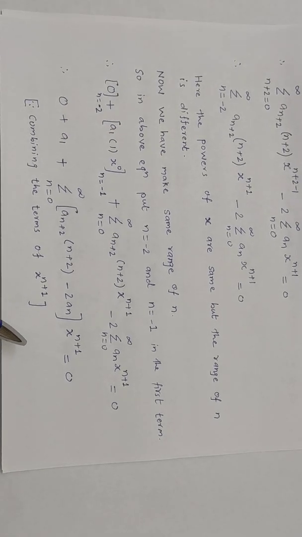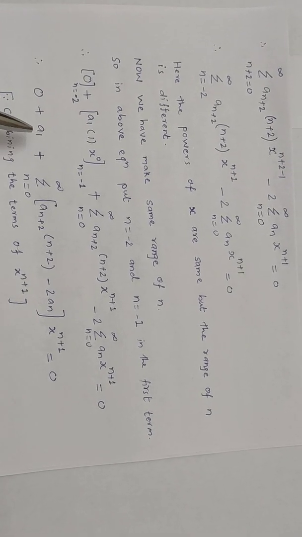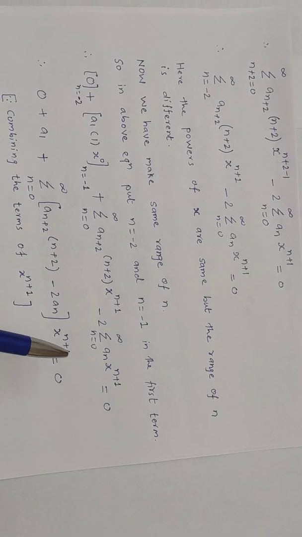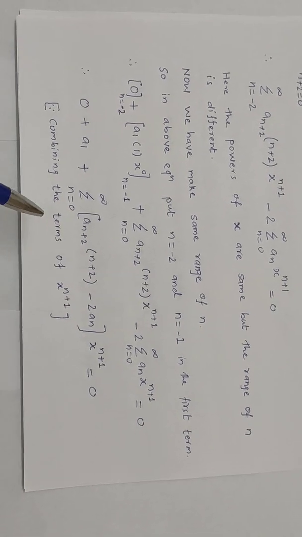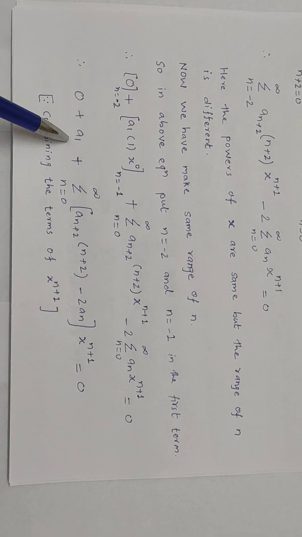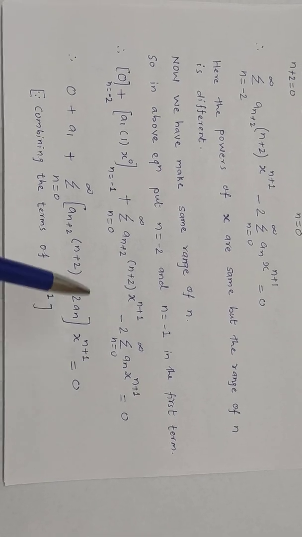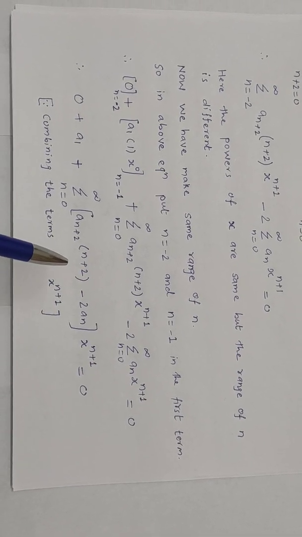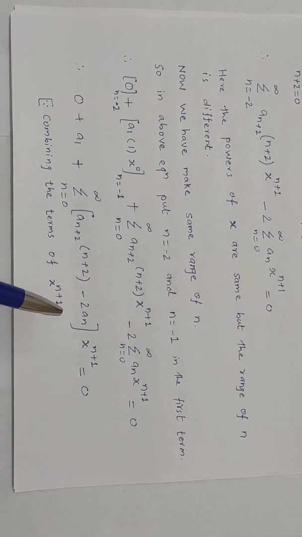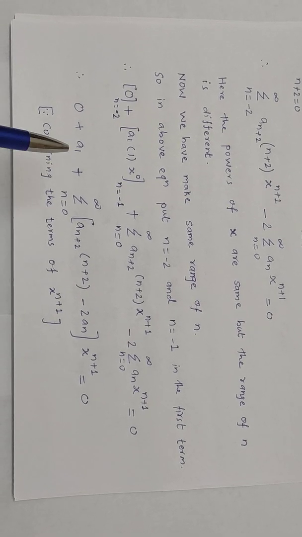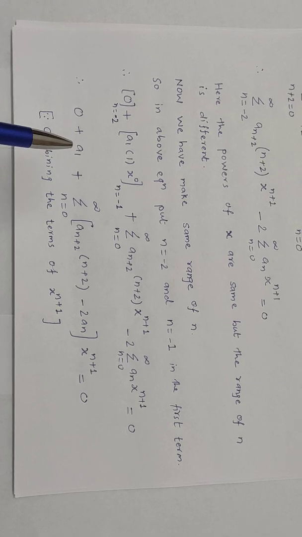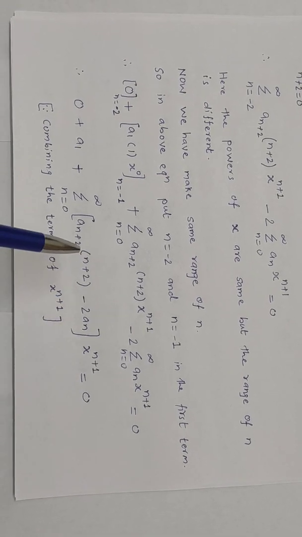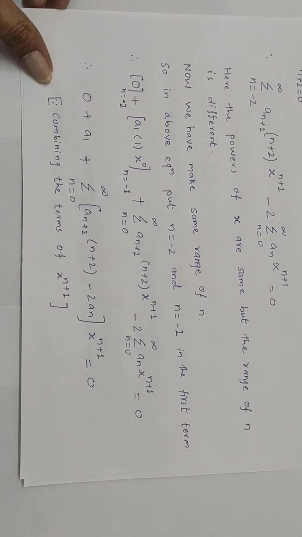So we will compare the constant term to 0 and the coefficient of x raised to n+1 to 0. Over here we have the constant term a1, and the coefficient of x raised to n+1 is a_{n+2}(n+2) minus 2 times a_n. So we will equate to 0 the constant term and the coefficient of x raised to n+1.